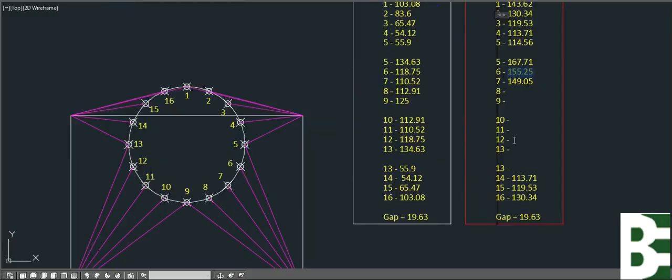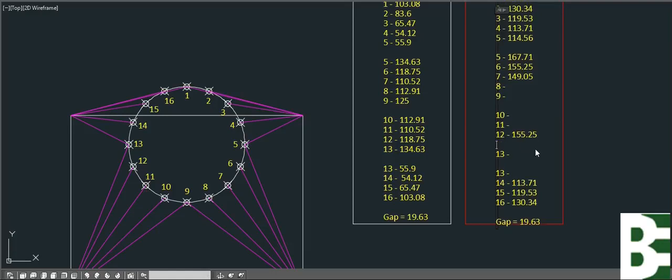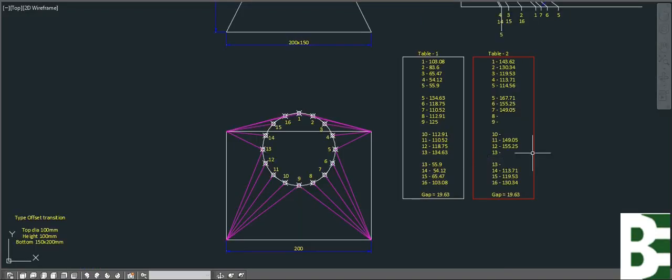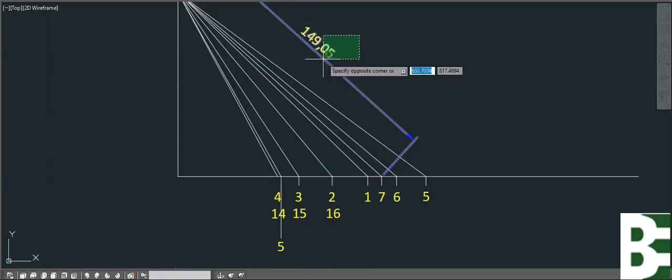Now as you can see, this 6 and 12 have the same dimension. 7 and 11 have the same dimension. 8 and 10 have the same dimension. So I can copy these dimensions for the other side, or you can calculate one by one.